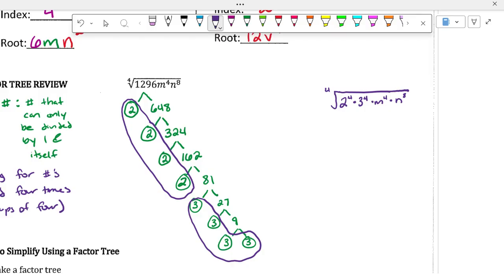So think about this logically. What would be the fourth root of 2 to the fourth? So if I separate this now, I have the fourth root of 2 to the fourth times the fourth root of 3 to the fourth times the fourth root of m to the fourth times the fourth root of n to the eighth.